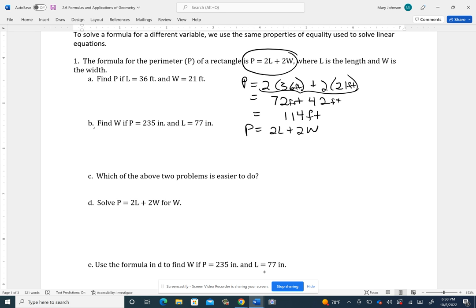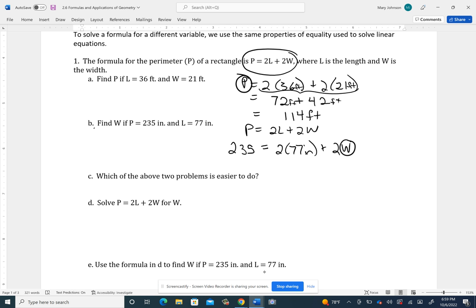This time they're telling me the perimeter is 235 inches and that the length is 77 inches. My job is to figure out what W is. Up on part A, I was trying to figure out P, and P is already on a side by itself, so 1A is just an order of operations question, a numerical expression I have to simplify. But this one, B, is quite a bit harder.